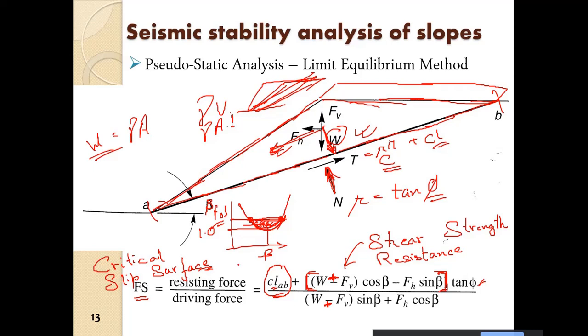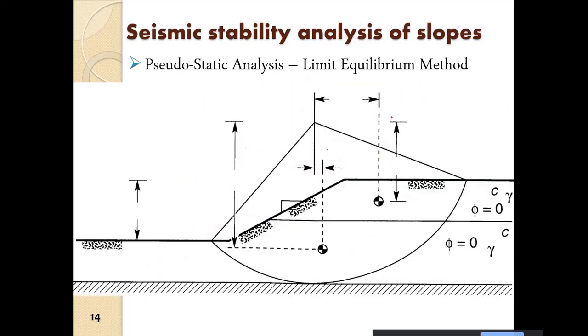So this is the force equilibrium. Similarly we have the moment equilibrium. Here again we have the soil mass. We have a density and an area, so area into density is the weight, and this is the centroid of this area.